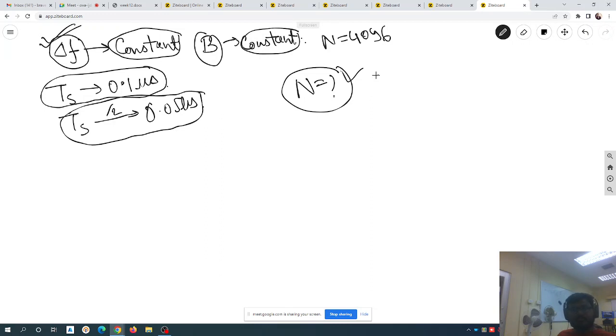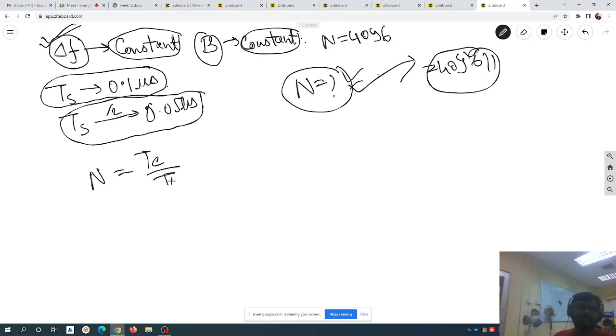This is bandwidth by delta f. So both are constant, so n should be constant for you, like 4096 it will be for this case also. N is independent of Ts. Yes, n is independent of Ts, so it remains the same. But n is something like Tc by Ts.